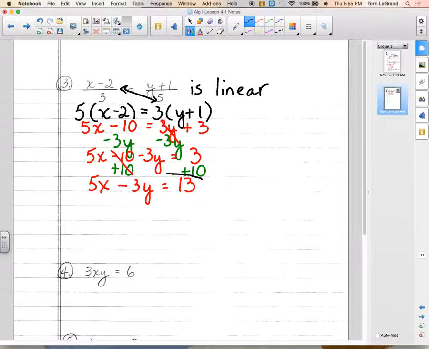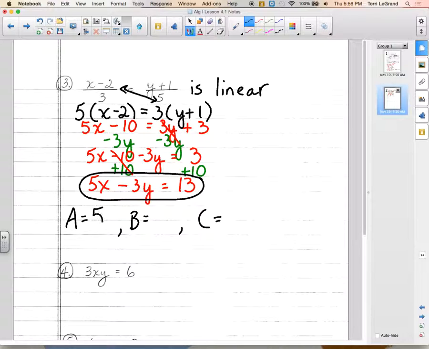This is how we would see it in an answer bank when they ask us for standard form. Now we just need to pick out what our A value is, our B value, and our C value. So our A value, what our x is being multiplied by, is 5. B value, the y's.